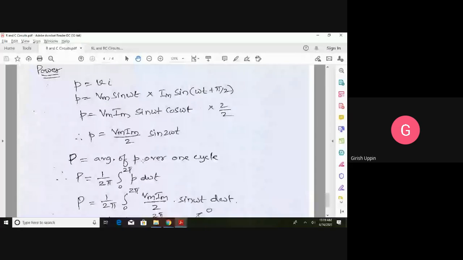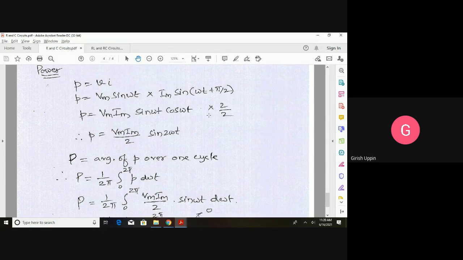Now to find the power consumed in the capacitance, the instantaneous power consumed is equal to V into I, where it is the instantaneous voltage into the instantaneous current. V is Vm sin omega t and I is Im sin omega t plus pi by 2. And sin omega t plus pi by 2 can be represented as cos omega t.